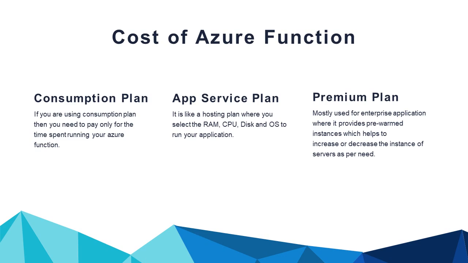It is like a hosting plan where you select the RAM, CPU, disk and OS to run your application. Third, premium plan. Mostly used for enterprise application where it provides pre-warmed instances which help to increase or decrease the instance of servers as per need.